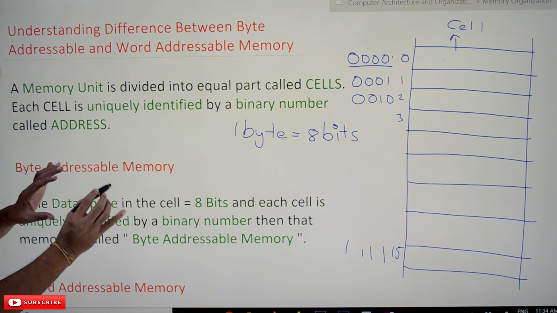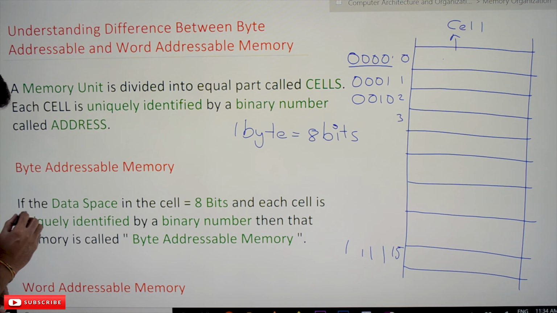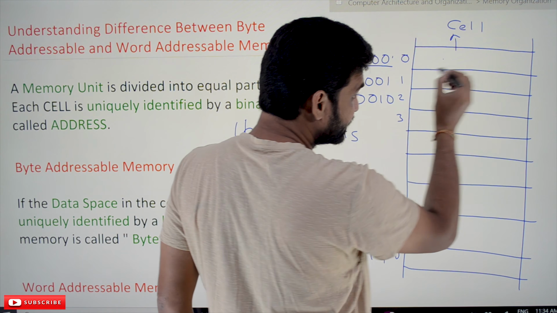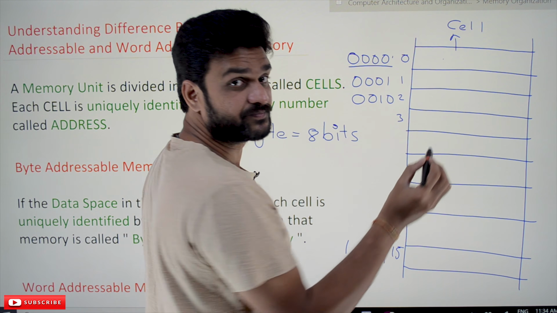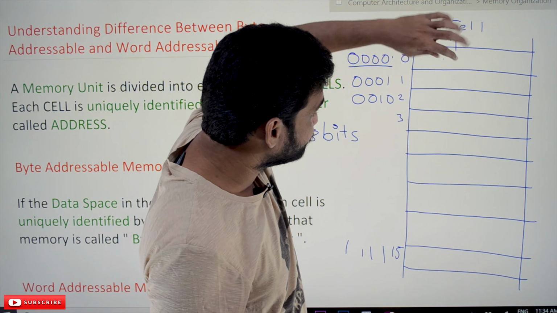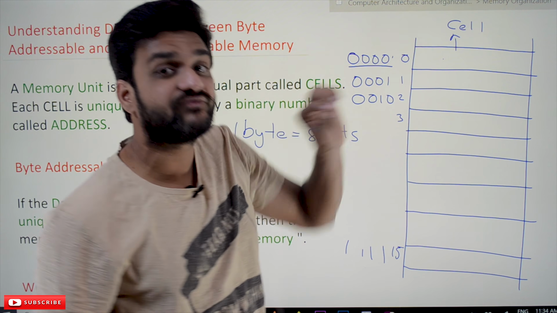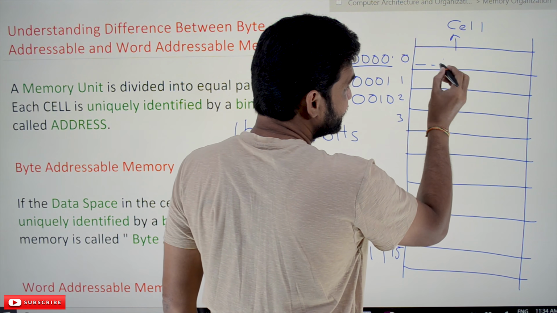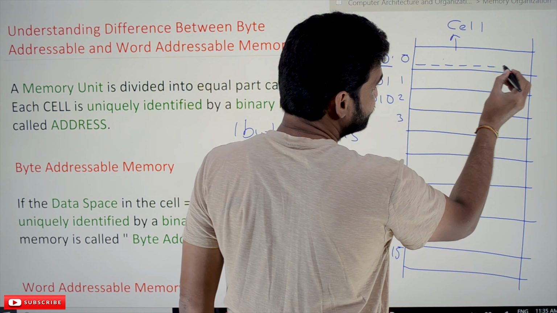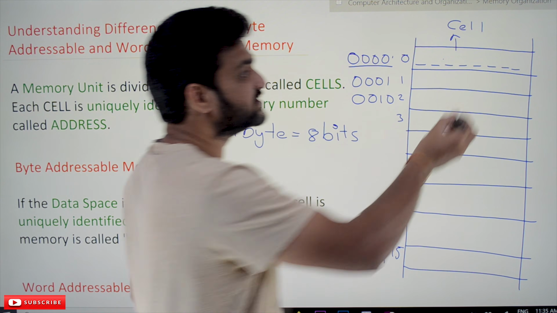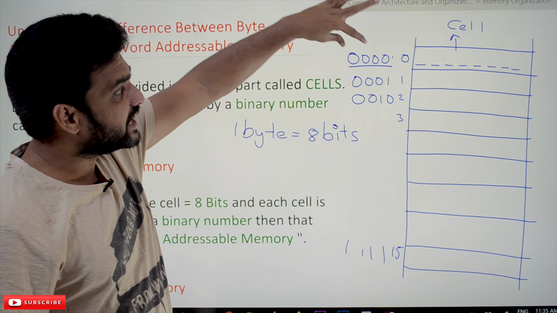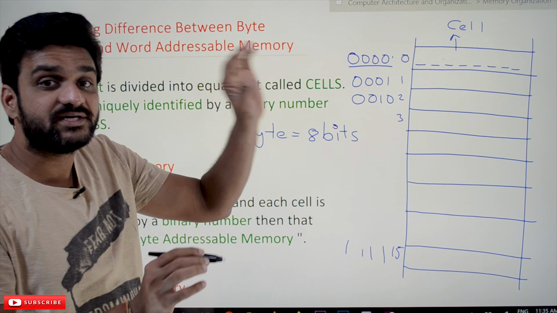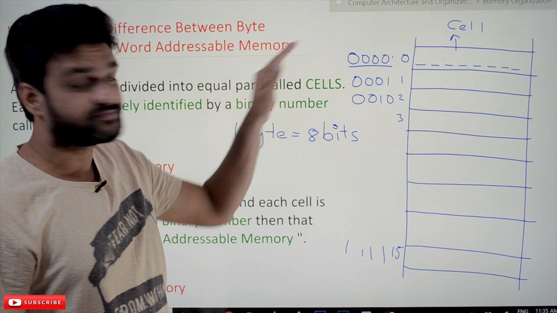And what is meant by a byte addressable memory is, if the data space in the cell, this is what we call the data space, this is where the data will get stored, is of 8 bits, so every cell, as we have said, is equally divided, and if every cell is having a space to store 8 bits, and if each cell is uniquely identified by a binary number, then that kind of memory is what we call byte addressable memory.